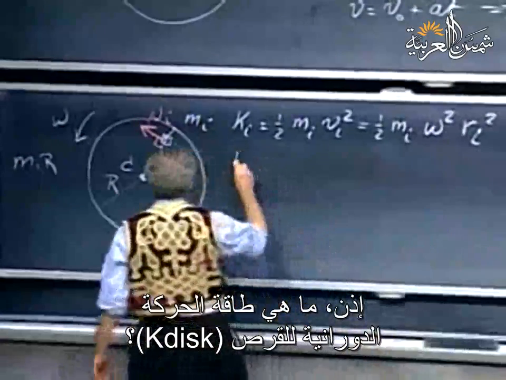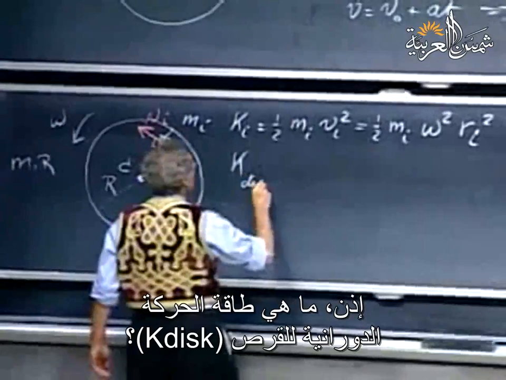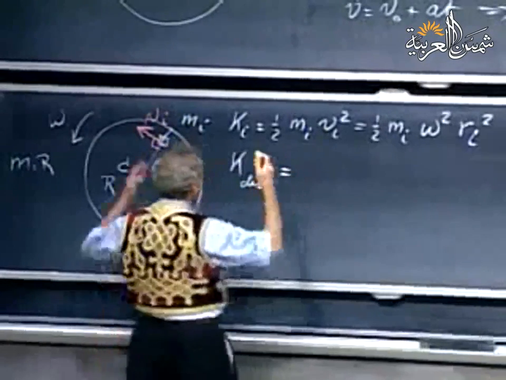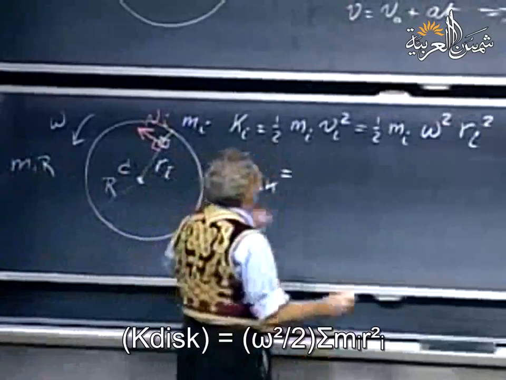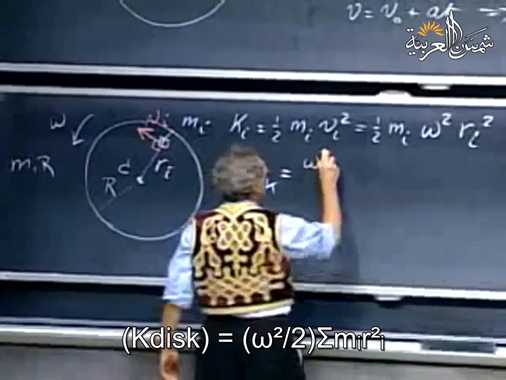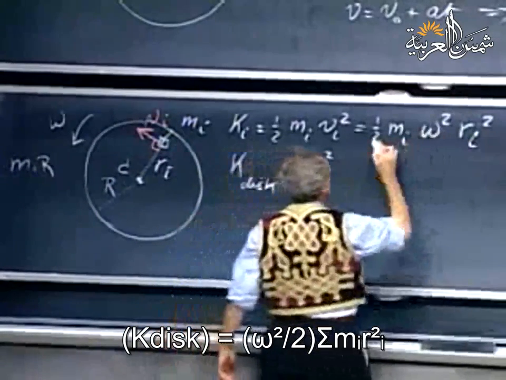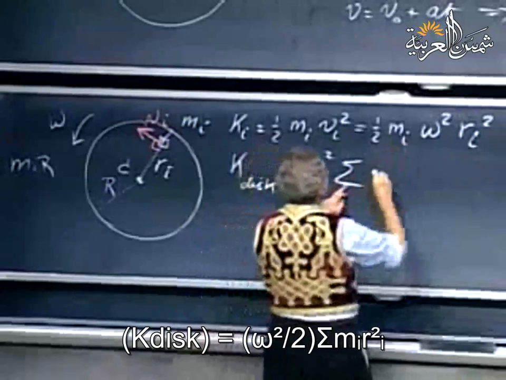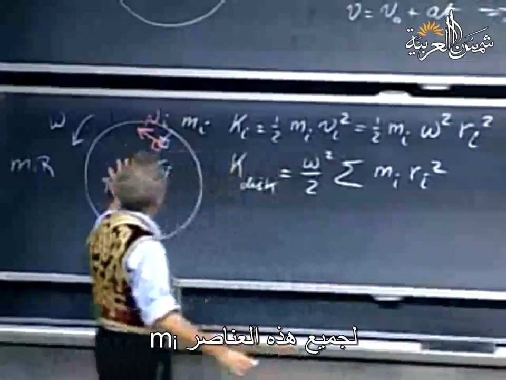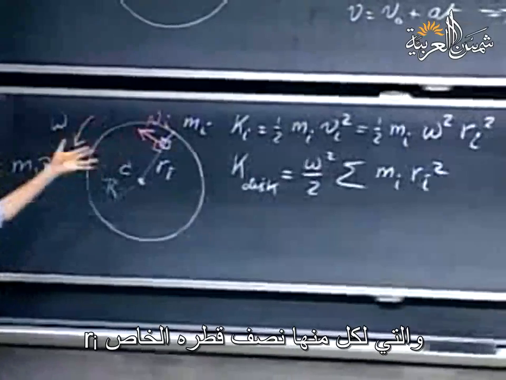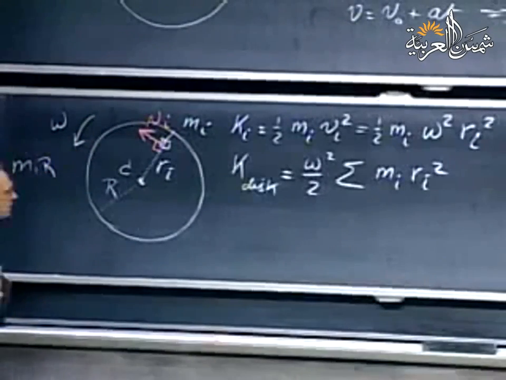So what is now the kinetic energy of rotation of the disk, the entire disk? So we have to make a summation, and so that is omega squared over 2 times the sum of m of i r i squared over all these elements m i, which each have their individual radii r of i.